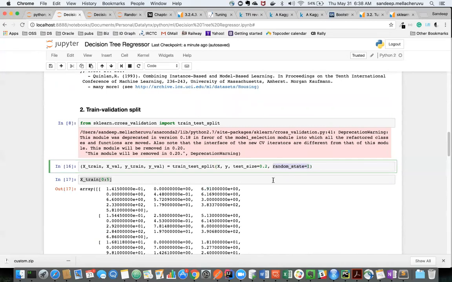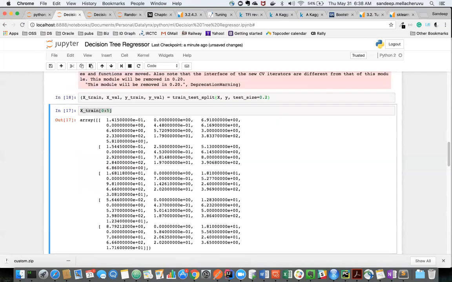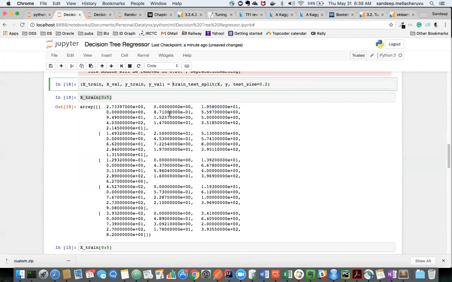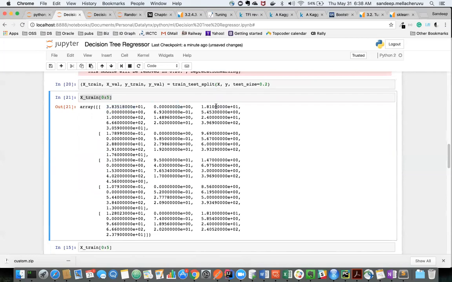But let's say if I remove this and run it, something else is coming. I run it again, something else. The first record is changing. It doesn't mean that only the first record will change. All the records will change.